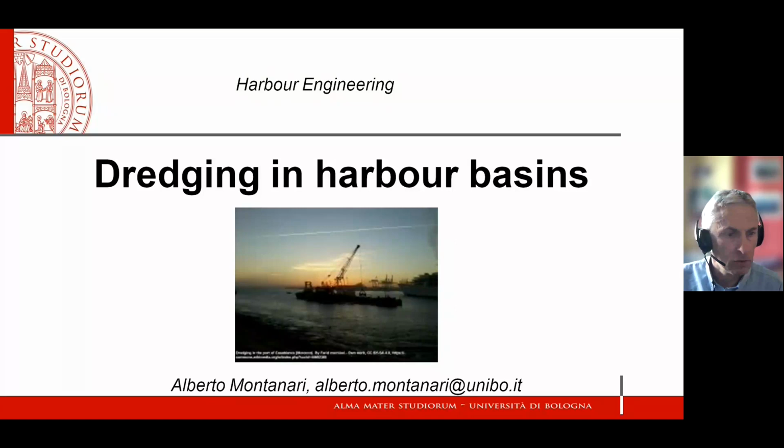Siltation is a relevant problem because it can have an impact on navigation. It can undermine the normal port operations, and therefore periodically port authorities have to undertake dredging operations, which are supported by monitoring and by side activities that we will discuss.